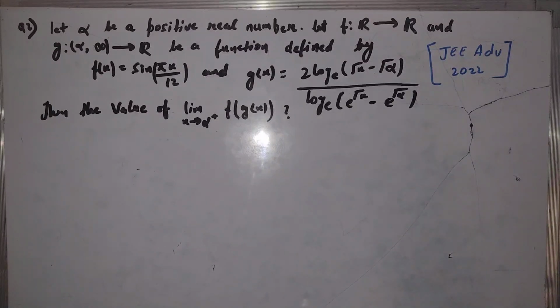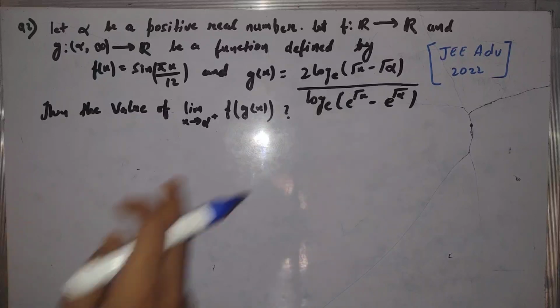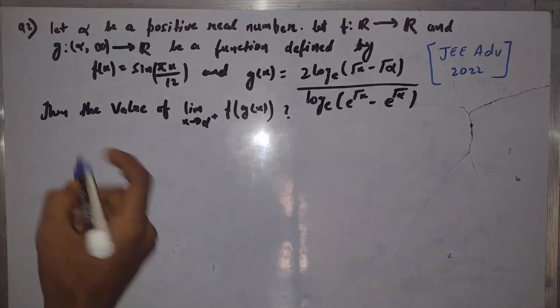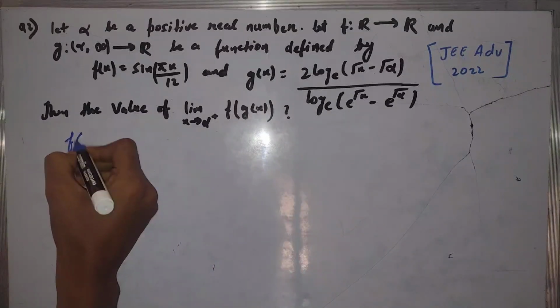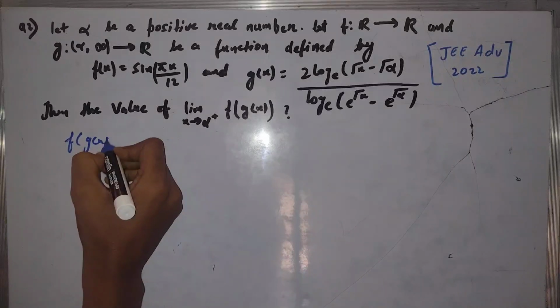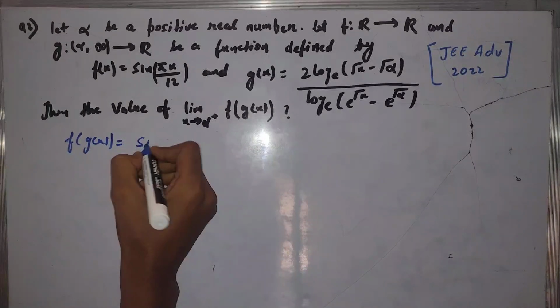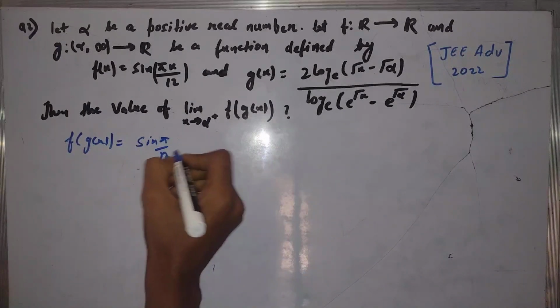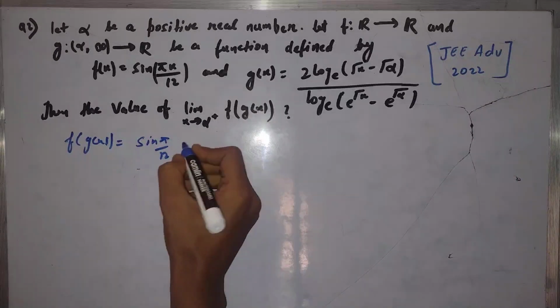So let's solve this. Here we can see that g(x) is defined as this, then we have to find f of g(x). So first let's form this. f of g(x) would be sin(π/12), and instead of x we have to write g(x).